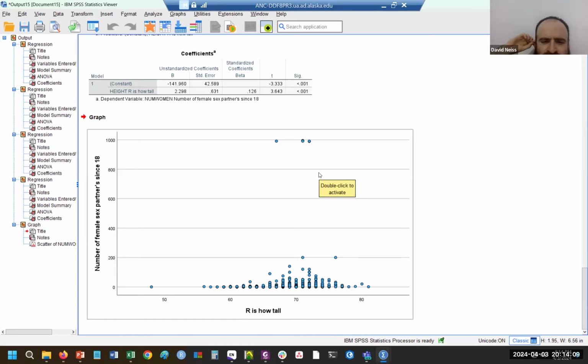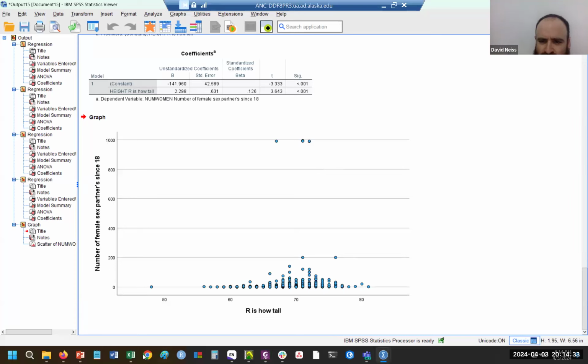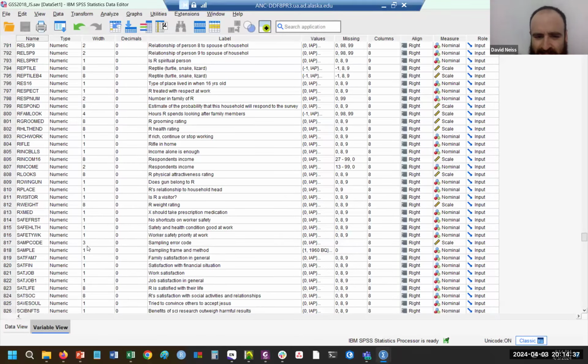Sorry, I have a question about this. Go ahead, David. Is this including, for example, in this specific example, the responses of heterosexual women in the number of female sex partners? Or are those a type of non-respondents or not applicables? In general, what is your sense of how this database works?